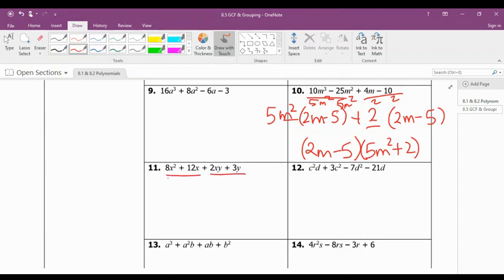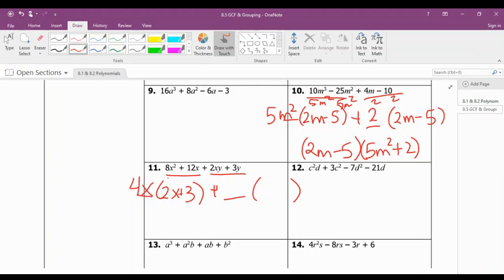Okay. So the GCF for the first one would be 4 and x. Because 8 doesn't go in, but I know 4 goes in. So 4x, and when I divide by 4x, 8 divided by 4 is 2, 1x left over, 12 divided by 4 is 3, and no x left over.